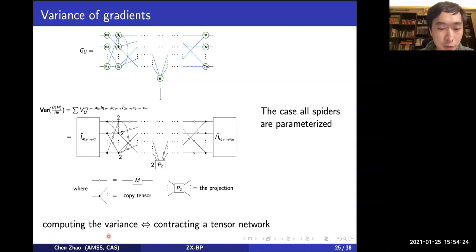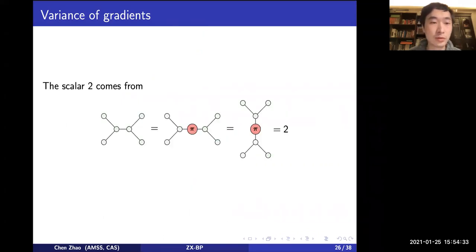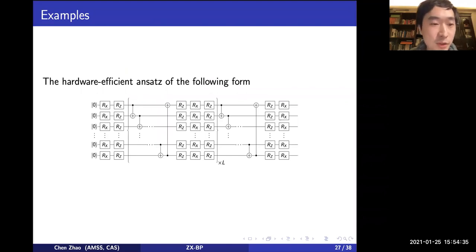So computing the variance is equivalent to contracting this kind of tensor network. So let's see some examples.